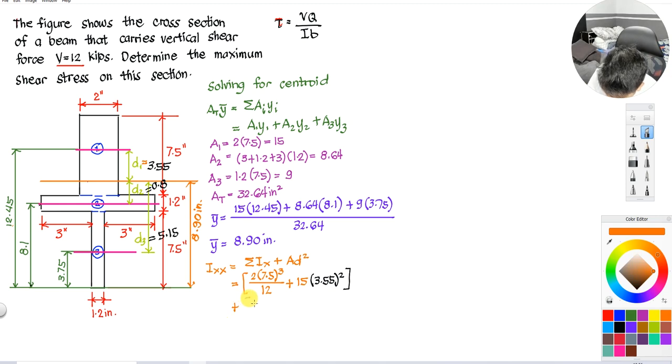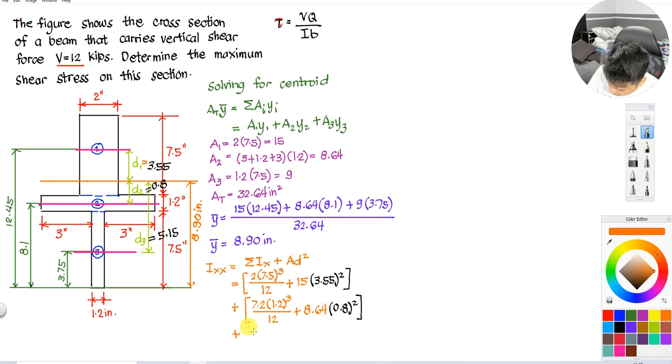Plus, I now have for the 2. So ang B ko is 3 plus 3 plus 1.2, that's 7.2. So B, H is 1.2 cube all over 12. And then plus the area 2, which is 8.64. Okay? Multiplied it by the D2, which is 0.8 squared. So this is now for the second.